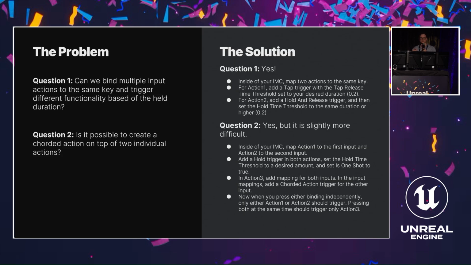In these actions, you would include a chord action trigger to the other input. Then when you press either binding independently, only action 1 or action 2 would fire, but pressing both simultaneously would trigger action 3, allowing for chord actions with 2 individual inputs. I will say though that it gets very, very much more complex when you're having to handle release triggers, so I would take a bit of fair warning going into that one.